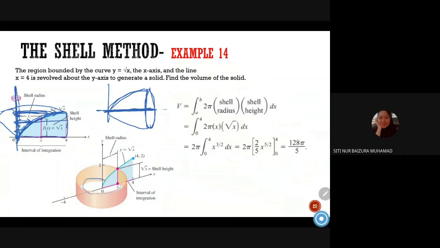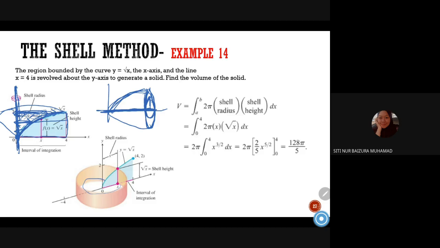If you rotate about the x axis, correct, you will get a solid, not a dish, because you rotate about this line, and the line is within the region. But if it is about the y axis, there is a hole here.